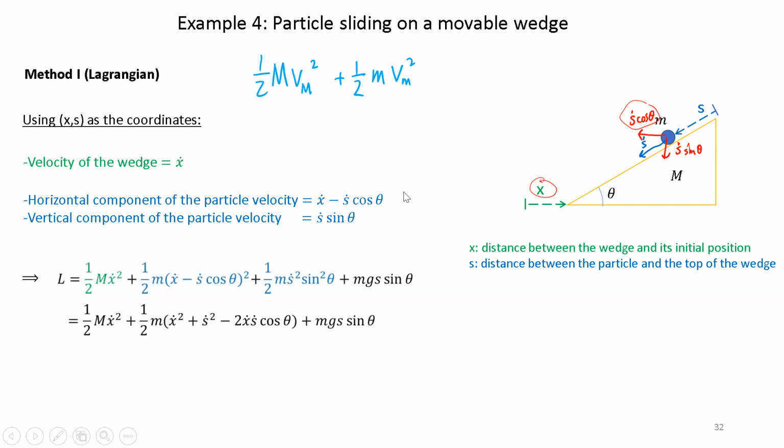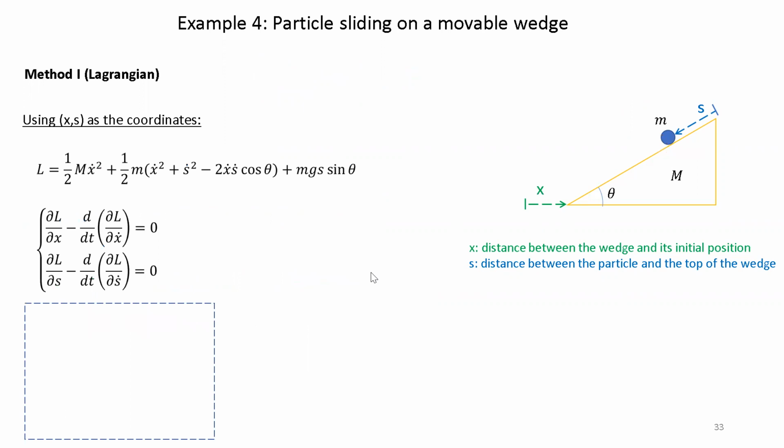So that's why my Lagrangian looks like this. The first green term is the kinetic energy for the wedge, these two terms are the kinetic energies of the particle, and the final term is the potential energy of the particle. You can see that in terms of x dot, s dot. So this is the Lagrangian.